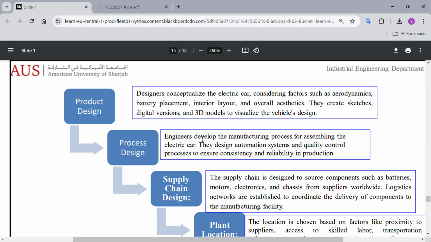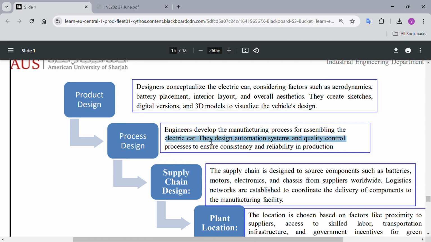These are like the ones we have for our regular conventional cars, but they're not going to be the same as for conventional gas cars. The processes are going to be different since the components of the electric car are different. So they design automation systems and quality control processes to ensure that every car is consistent with the other one, and there is reliability in the production.